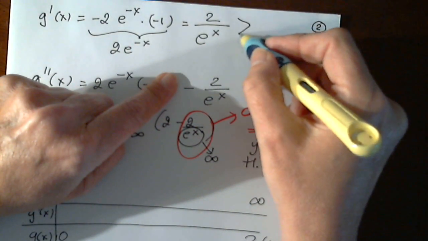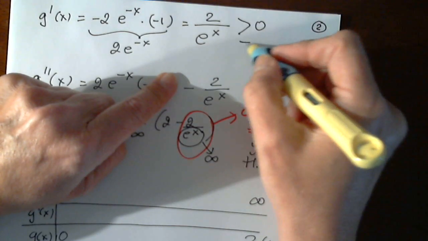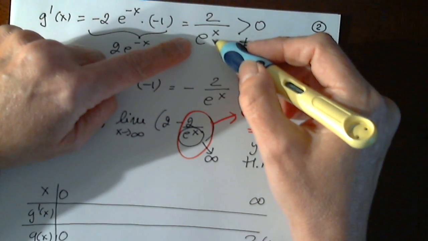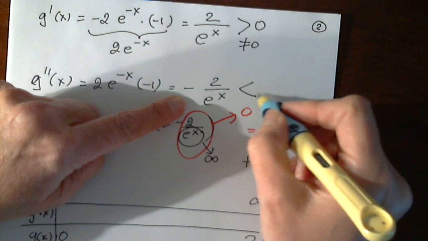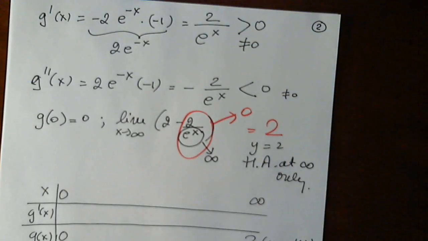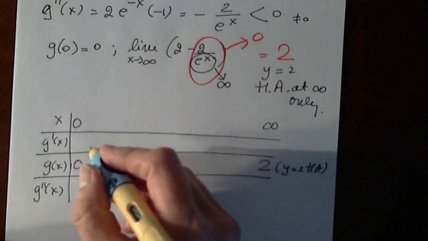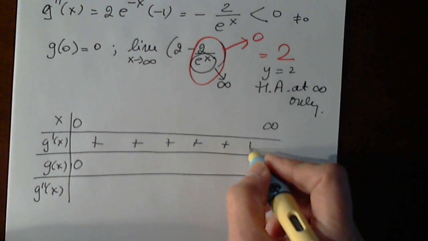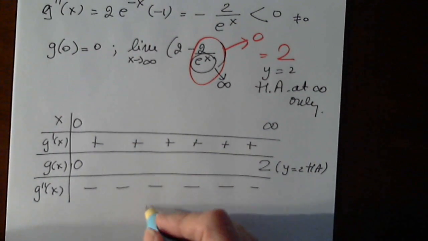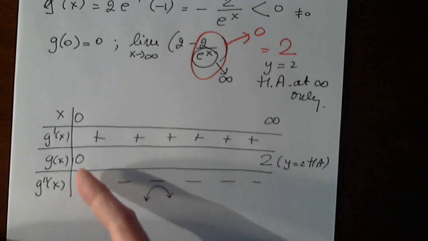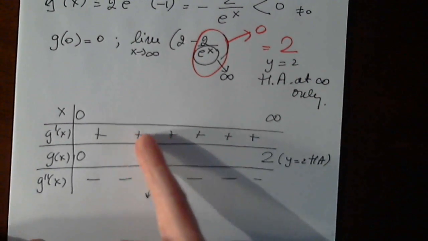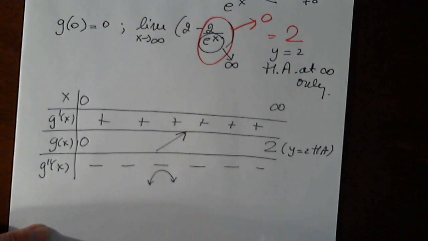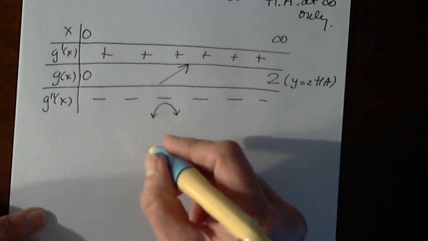This is a quantity that is always greater than 0 and never 0, of course. 2 over e to the x is never 0. Same thing here, always less than 0 and never equal to 0. So positive and negative. From 0 to infinity, the function is increasing, and this is shown by the sign of the first derivative. So let's graph this function then.